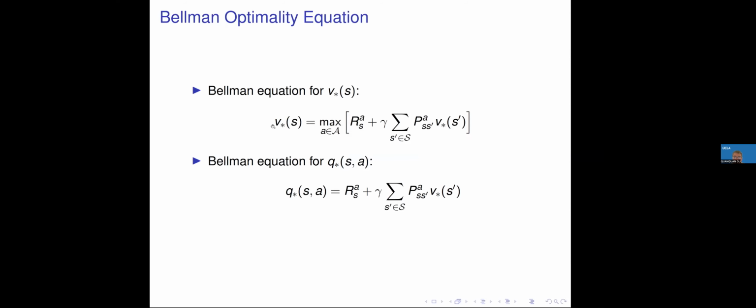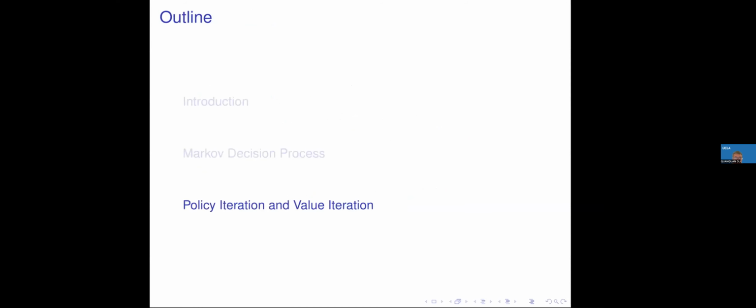This is a recursive form that connects the optimal value function at the current state S and the optimal value function at the next state S prime. Later, I will derive the value iteration algorithm from this Bellman optimality equation, and you will see how useful this equation is.